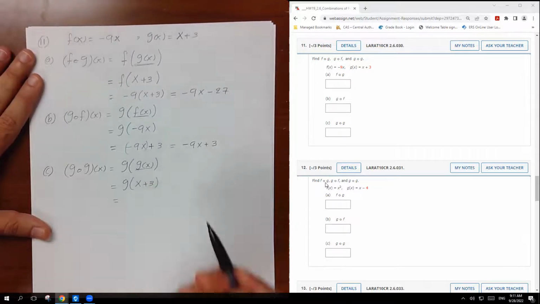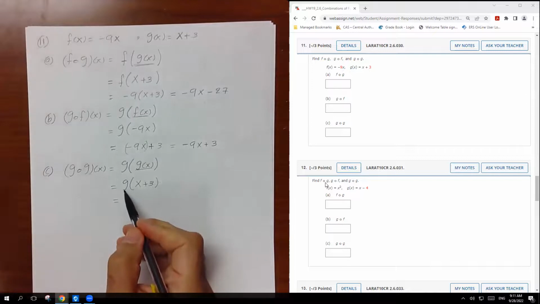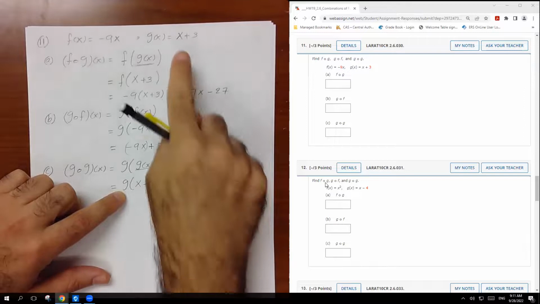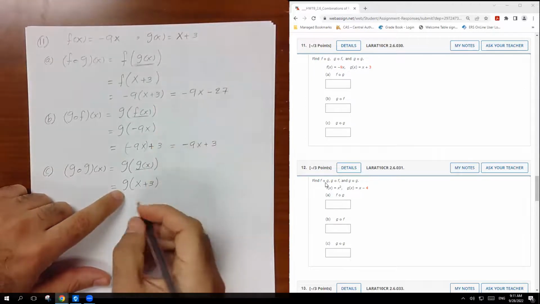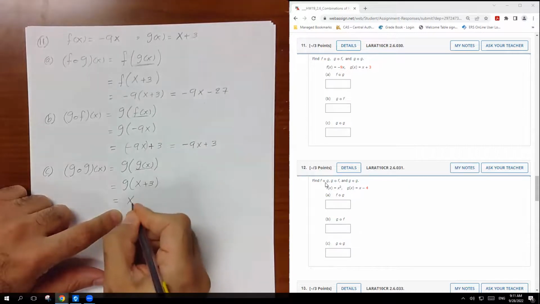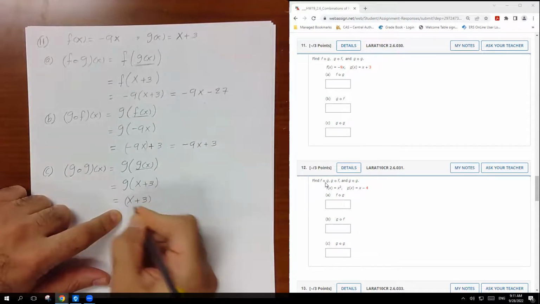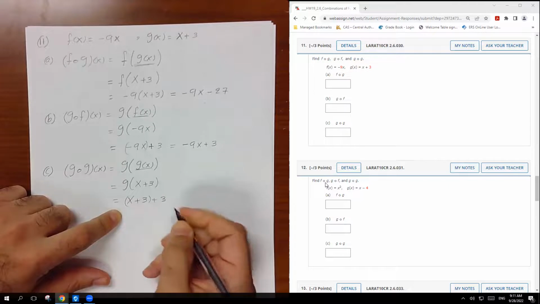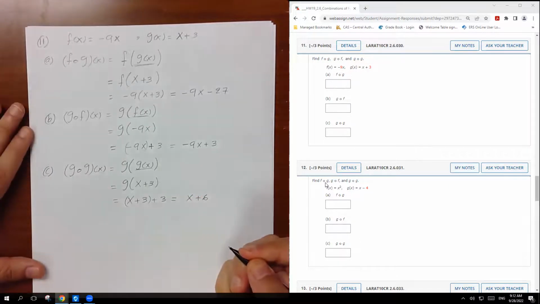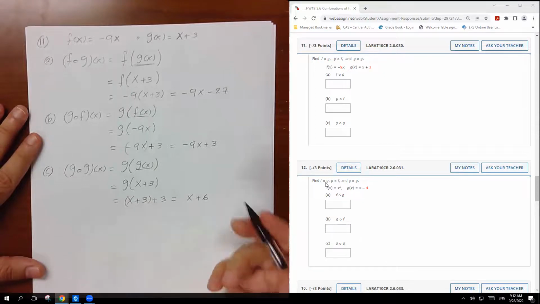Now I'm going to go to the same function, but instead of each x, I'm going to put x plus 3. So here is the same function g, and instead of this x, I'm going to put x plus 3, plus 3. Simplify this one, so it's going to be x plus 6. That's it for this one.